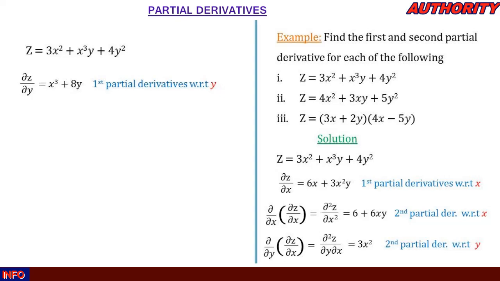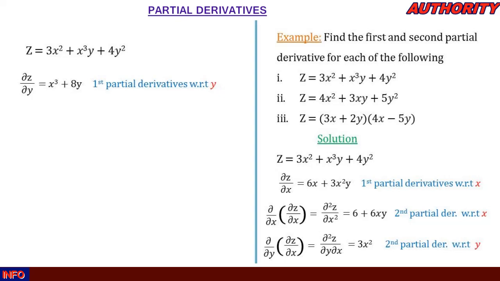Is that clear? Now this partial derivative of z with respect to y, we are going to differentiate partially with respect to x, and then differentiate it again with respect to y partially. You get it right? Now let's go.